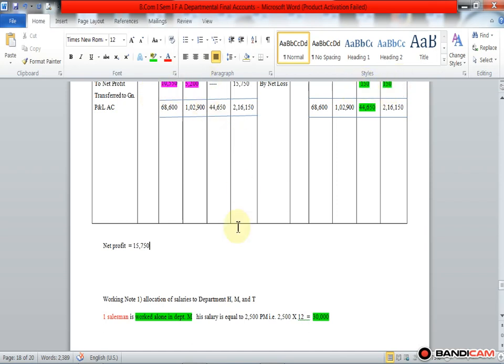How do we calculate net profit? 10,550 plus 5,200 is equal to 15,750, minus net loss, and net loss is 150.